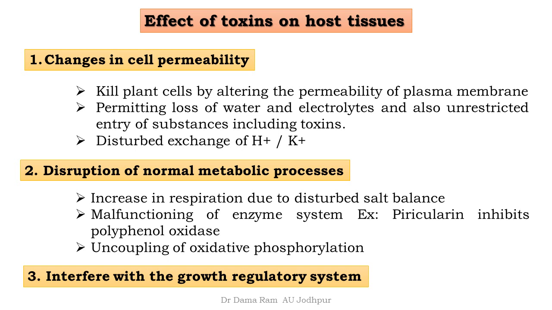And the third is interference with the growth regulatory system of the host plant, like auxins and gibberellin. They imbalance the growth regulator ratios in plant cells, and it may cause hypertrophy, hyperplasia, atrophy and the like.